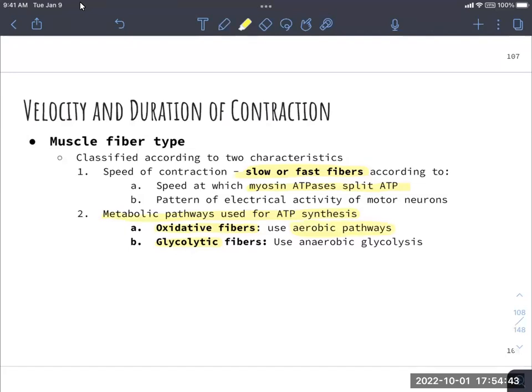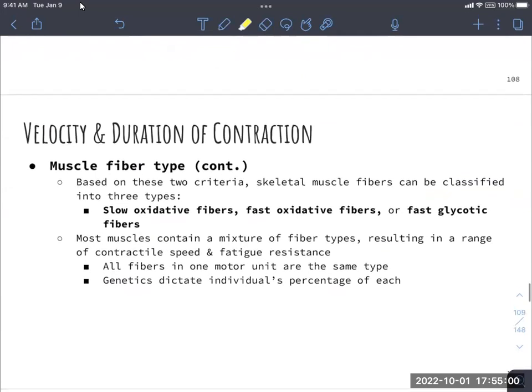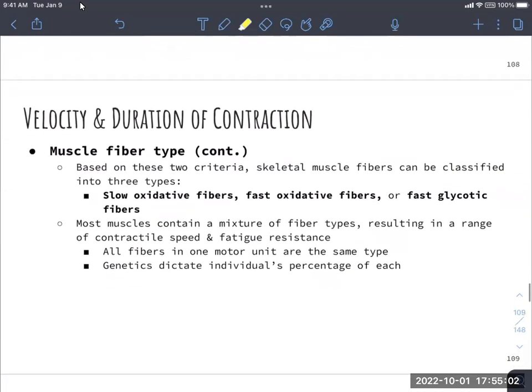Those glycolytic fibers, we use anaerobic glycolysis, and we use glucose as one of our energy sources. We get glucose from glycogen. So we have slow oxidative fibers, fast oxidative fibers, or fast glycolytic fibers.